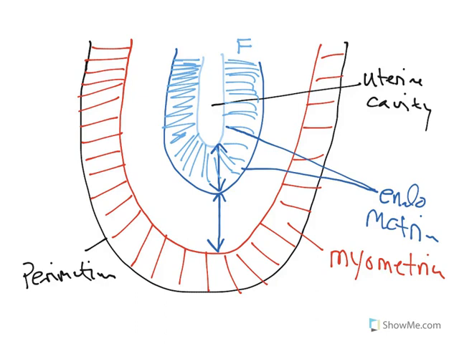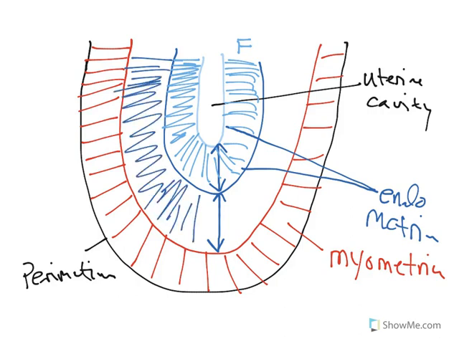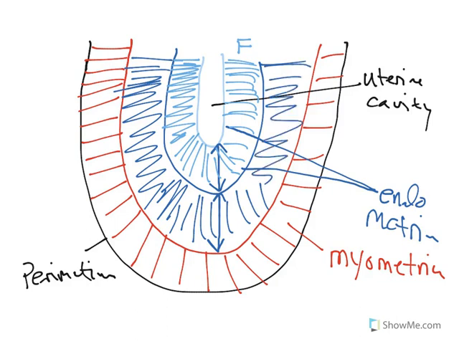Whereas the more standard darker blue here, let's color that in a little bit. Sorry for my crudeness, it's very hard to draw on the iPad here. You would have the basilar zone. Now, it's the functional zone that is sloughed off and lost during menstruation.